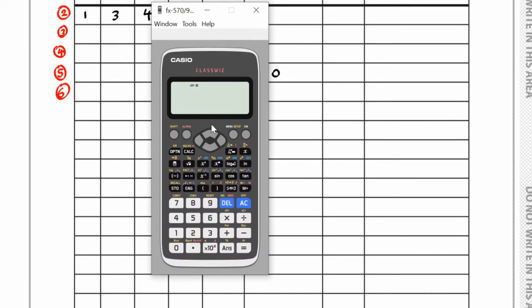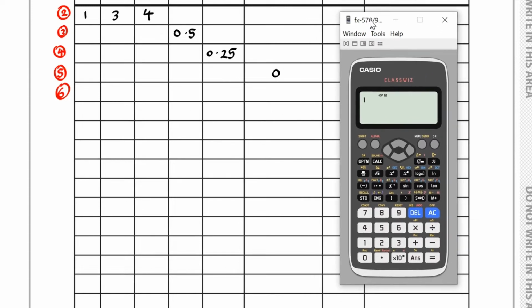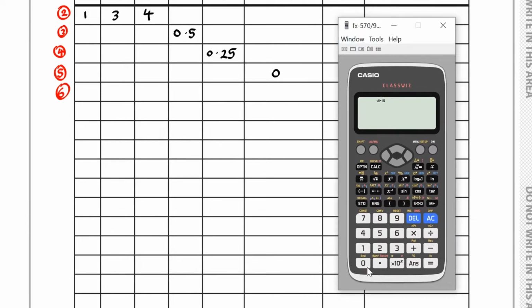Let's just grab our calculator. We have d equaling d plus a to the 4, so we have 1 to the power of 4 plus 3 to the 4. Okay, and if we work this out we get 82.